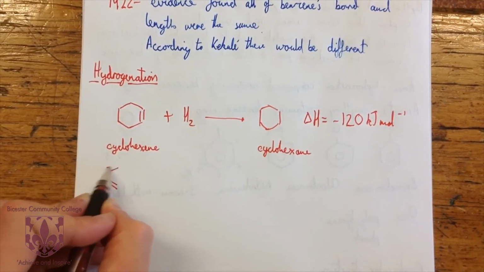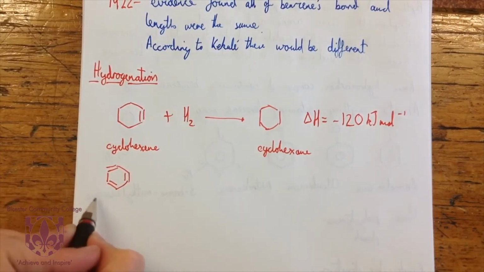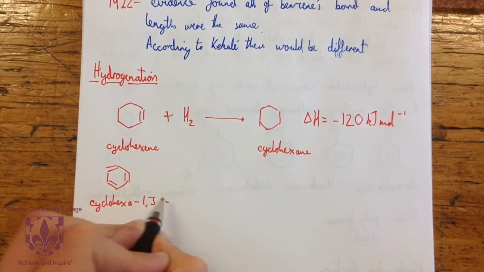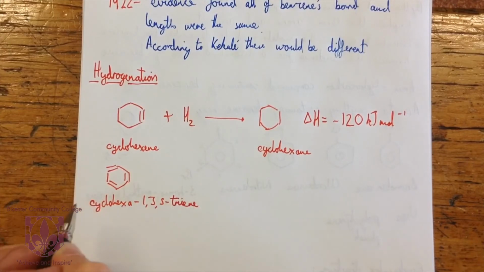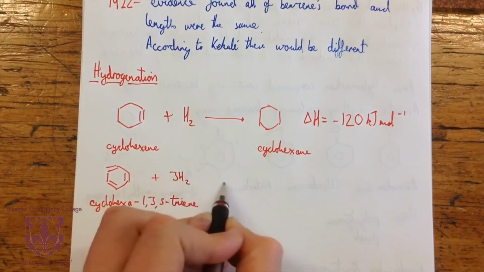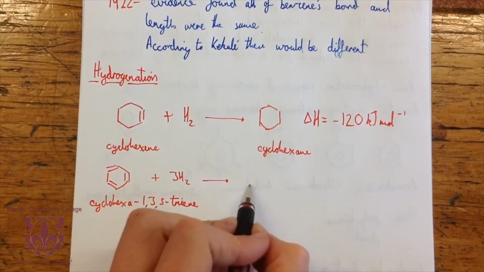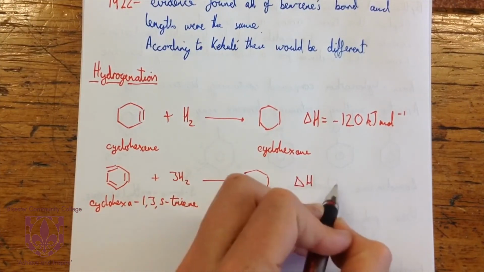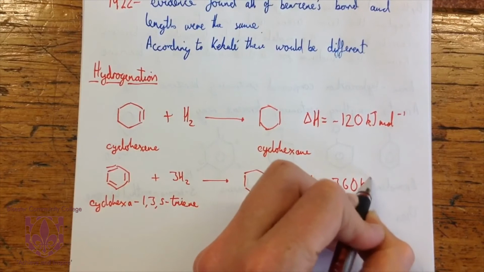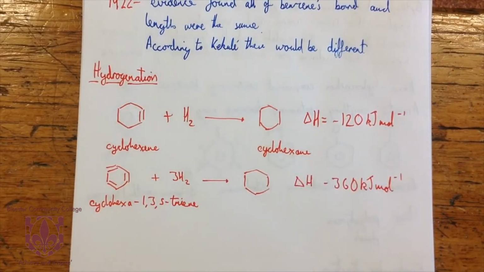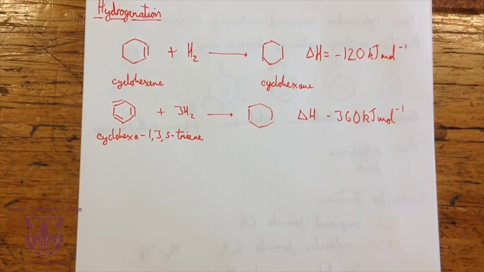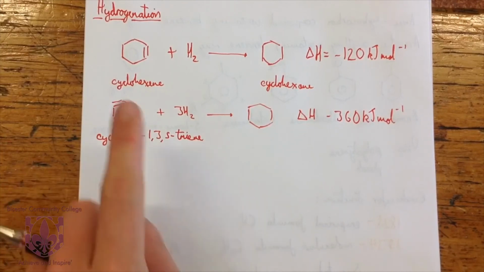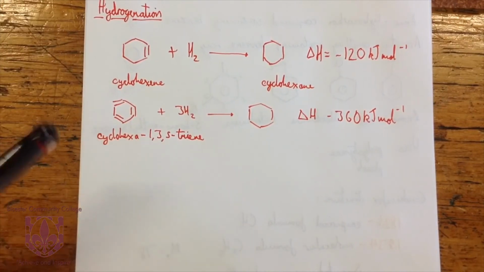But if you take this compound here, and that is cyclohexa-1,3,5-triene, and you add 3H2 to make cyclohexane, delta H should be minus 360 kilojoules per mole, because you've got 3 double bonds. And Kekulé was saying that we've got cyclohexa-1,3,5-triene, but that it switches back and forth between the 2 different forms of it.